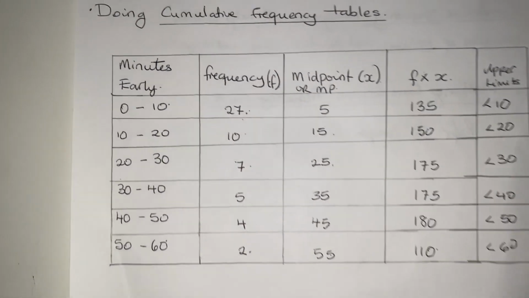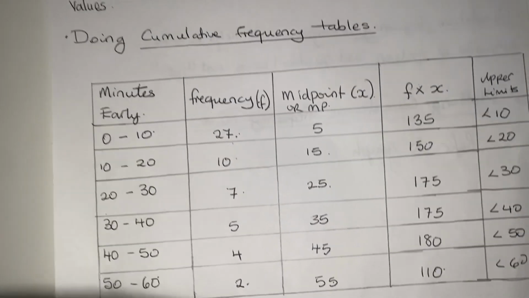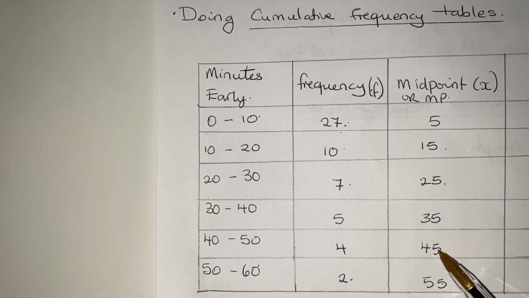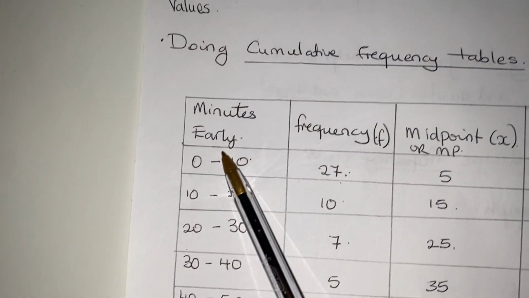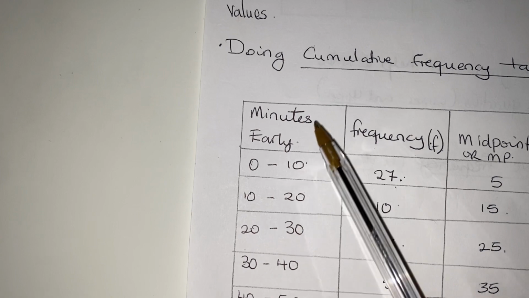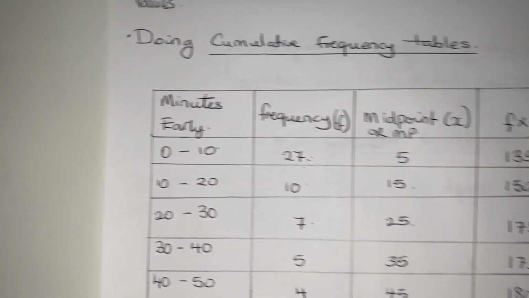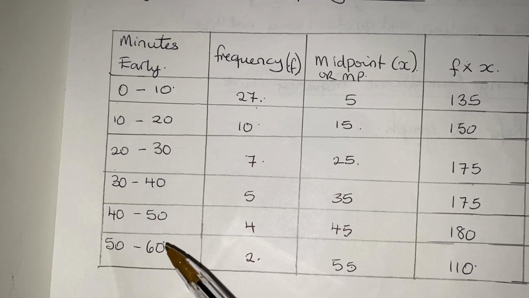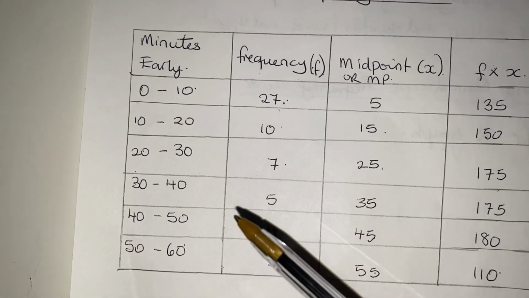Now, assuming I wanted to find the mean, then I have to find the midpoint, which is my x, the midpoint of the minutes early. This is the minutes early the bus came, or maybe the aircraft was ready.